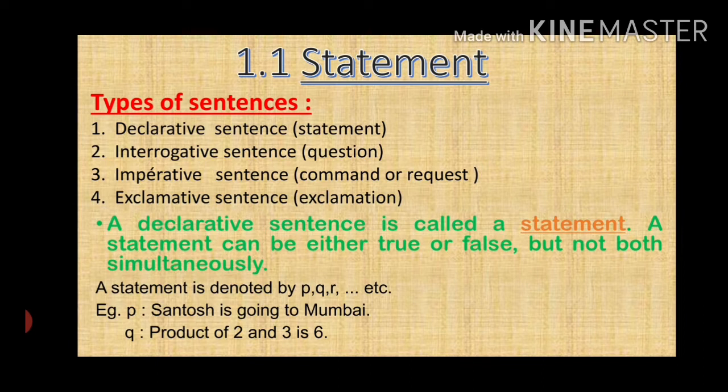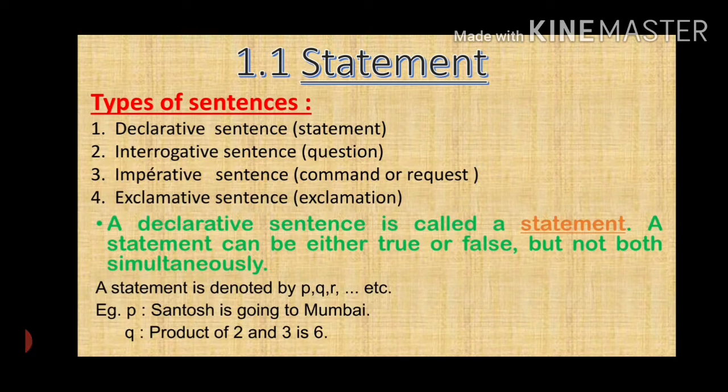Now a statement can be either true or false, but not both simultaneously. Whatever statement or sentence is given, it will be either true or false. It cannot be both, and it should not change with the situation. Now these statements are denoted by small letters P, Q, R, etc. For example, suppose you have a sentence, Santosh is going to Mumbai.